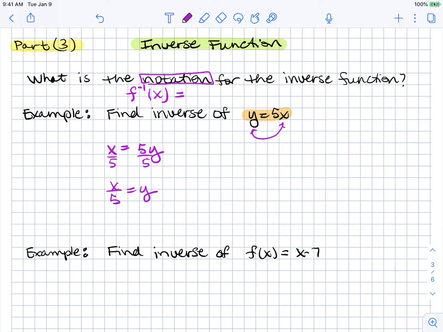So I've got y alone. But the way that I write it in inverse function notation is f to the negative 1 of x equals x over 5. And that's the answer. This is the inverse of the given equation.